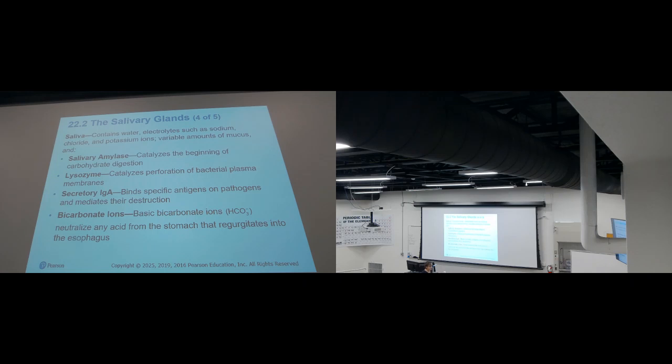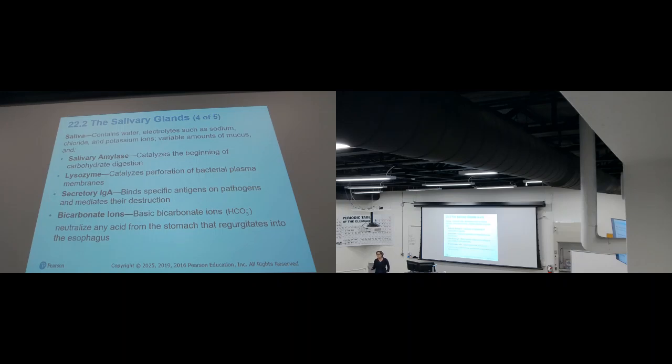The saliva has mostly water in its contents, but it can have electrolytes that we have in the bloodstream, like sodium, chloride, potassium, calcium. It may sometimes even have waste products like urea. And it has enzymes like salivary amylase.